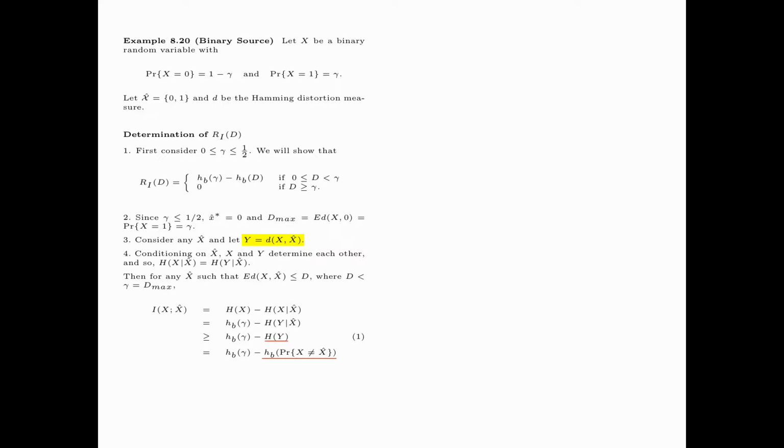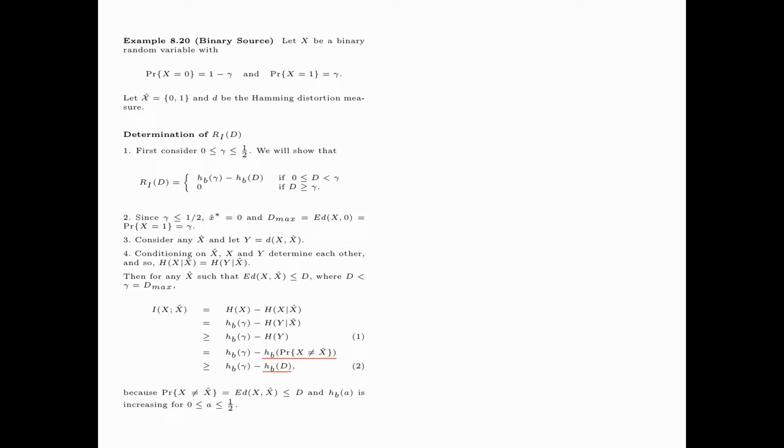As Y is the indicator function for the error event, the entropy of Y is equal to h_b of the probability that X is not equal to X hat. We can further obtain the lower bound h_b(gamma) minus h_b(D), because the probability that X is not equal to X hat, that is the probability of error, is equal to the expectation of the distortion between X and X hat, which is less than or equal to D. And h_b(a) is increasing for a between 0 and 1/2.